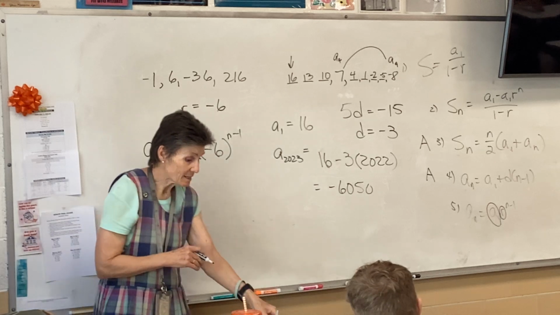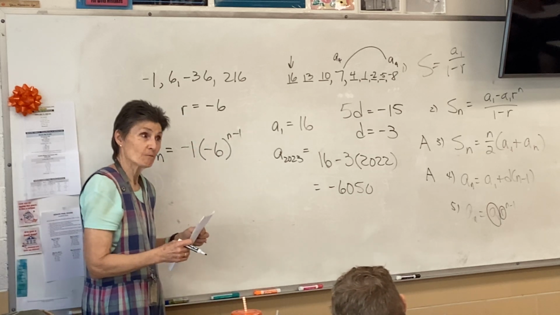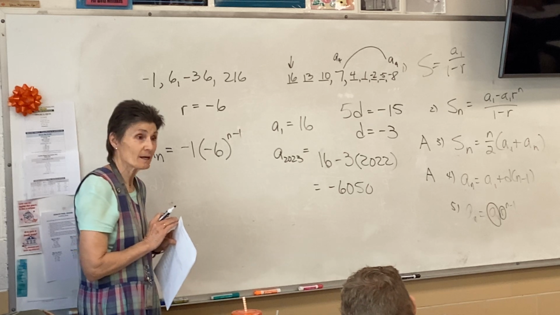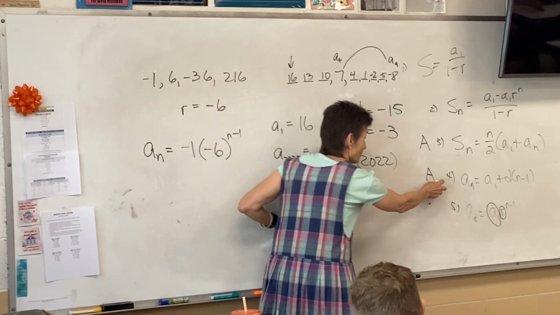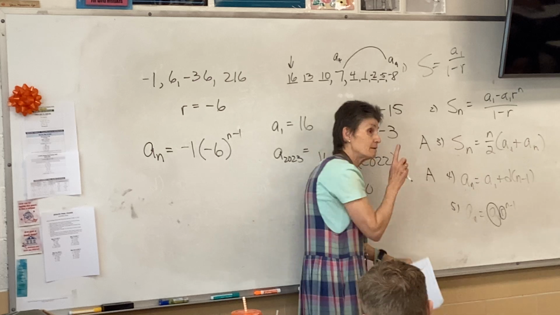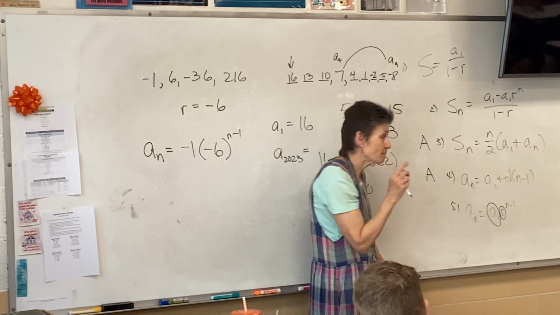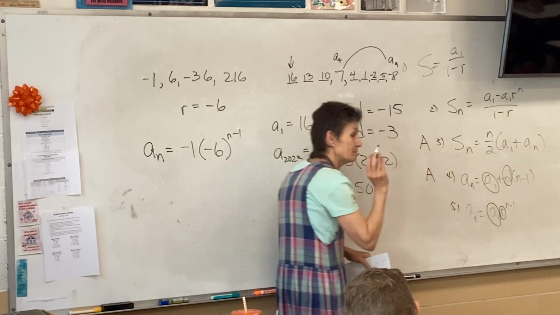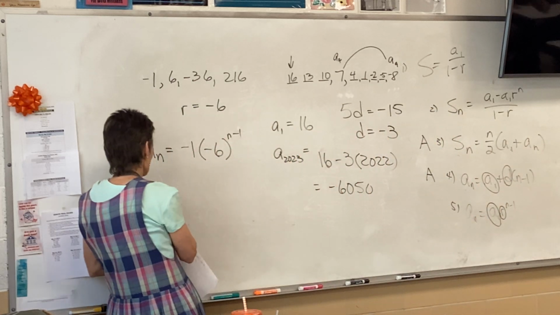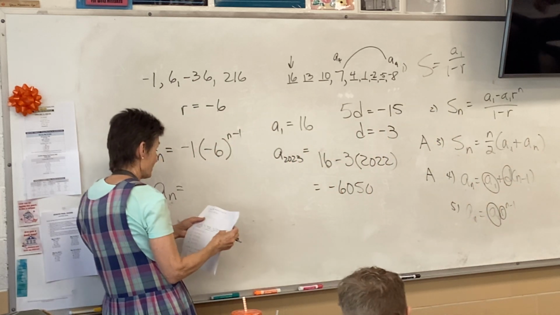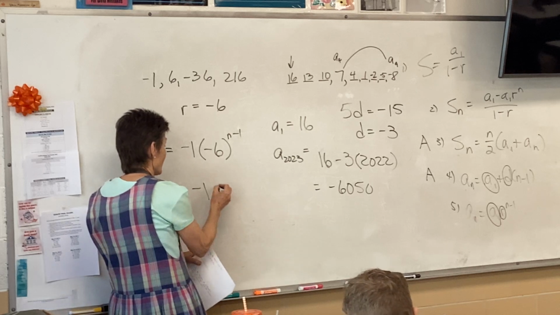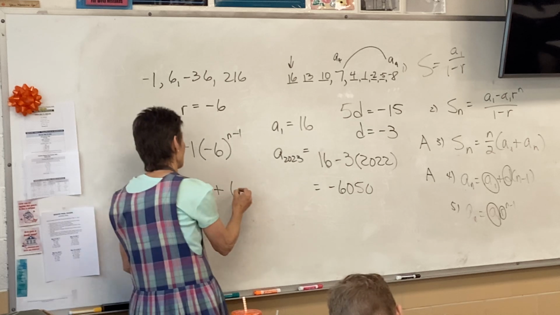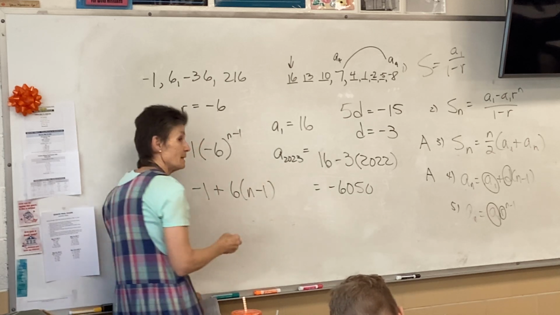Now what about B? B is different because B is what kind of a sequence? Arithmetic, which means I'll be using this formula. But again, if I'm writing the explicit formula, I only plug in that and that. That's it. So the nth term will be the first term plus what's my common difference? 6 times n minus 1.